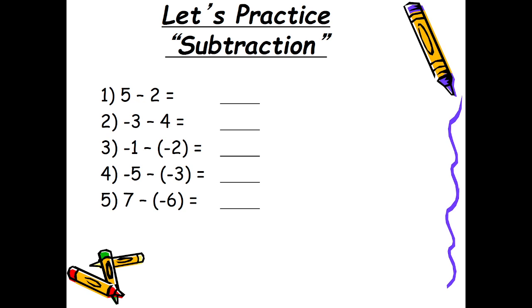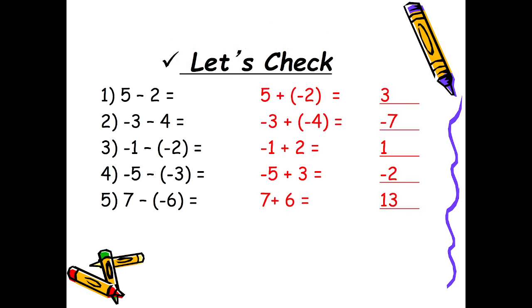Number 3, negative 1 minus negative 2. Number 4, negative 5 minus negative 3. And number 5, 7 minus negative 6.